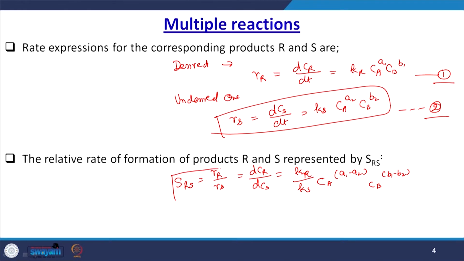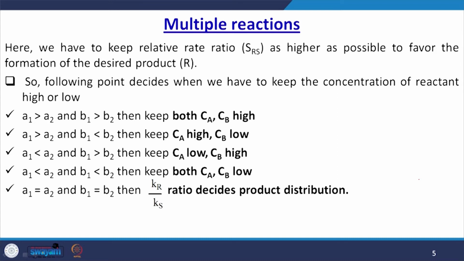Now, this is my desired equation for SRS, and let us represent it as equation number 3. Here we have to keep the relative rate ratio SRS as high as possible to favor the formation of the desired product, because in the numerator we have Rr. Therefore, we must maintain this ratio on the higher side.